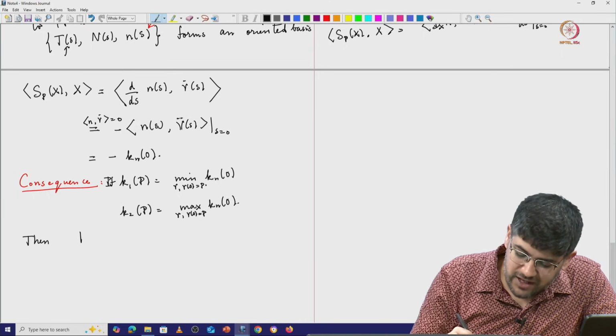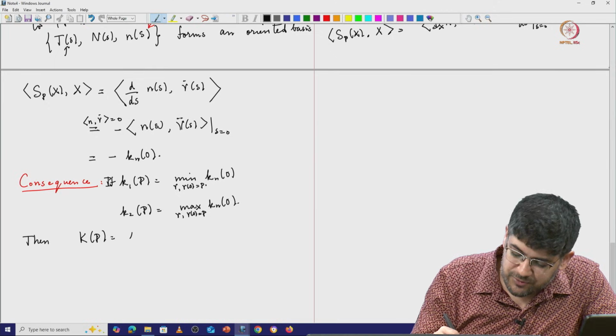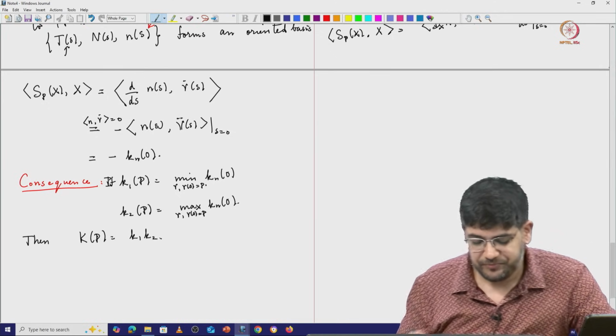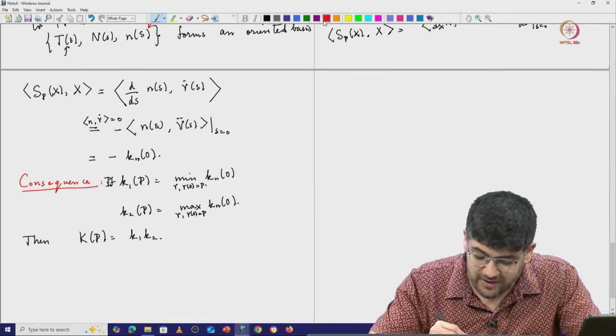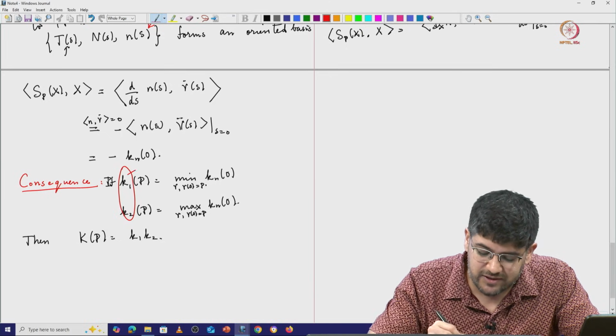So then the Gauss curvature is precisely the product of these two. Okay, so these two things are called the principal curvatures.